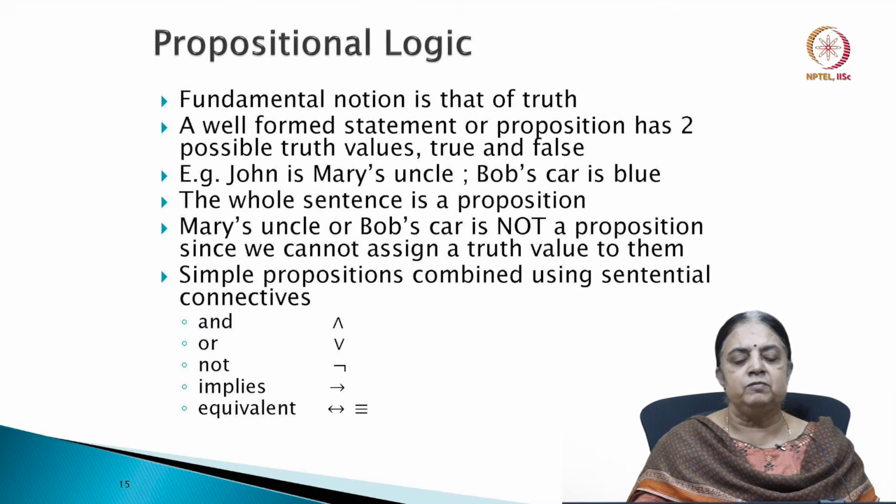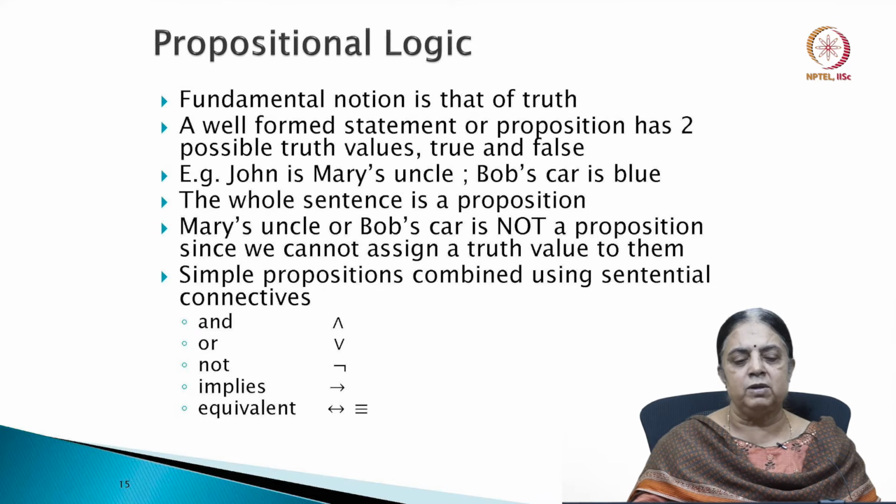For example, if you say John is Mary's uncle, or Bob's car is blue, or I went to the cinema yesterday, the entire sentence is a proposition. So you can't take part of the sentence and say it is a proposition. For example, you can't say Bob's car or John's, Mary's uncle, because that doesn't have any truth value.